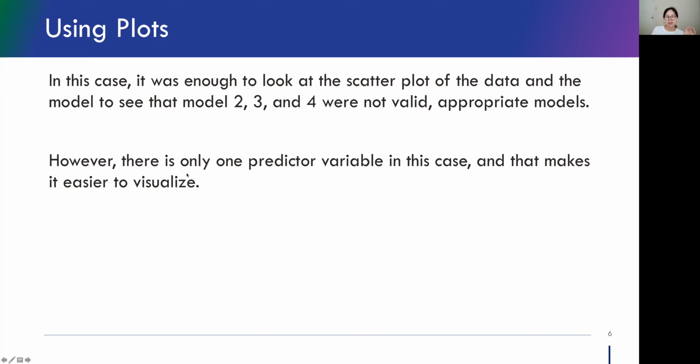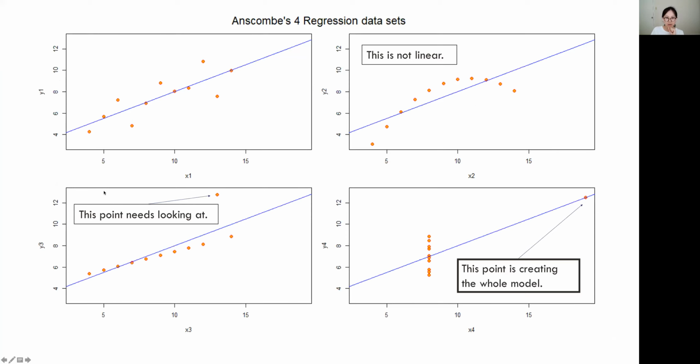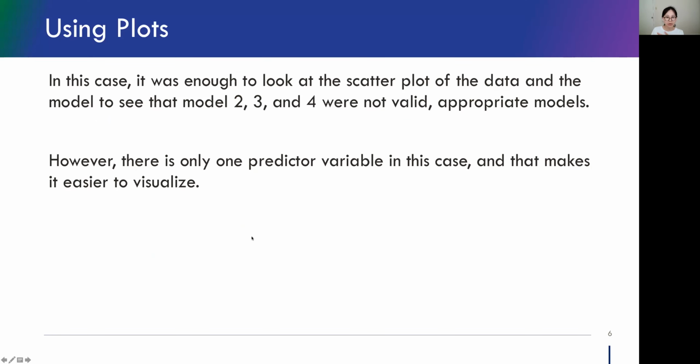But in this case, all 4 data sets only have one predictor variable each. That's why you can do this kind of checking one by one and look at the relationship between Y and X. What if you have more than one?